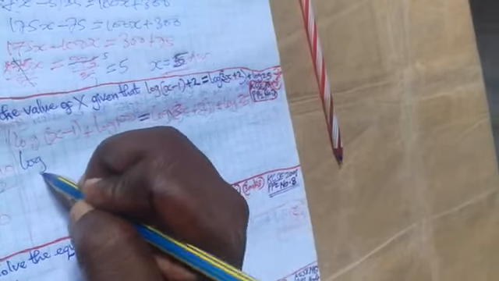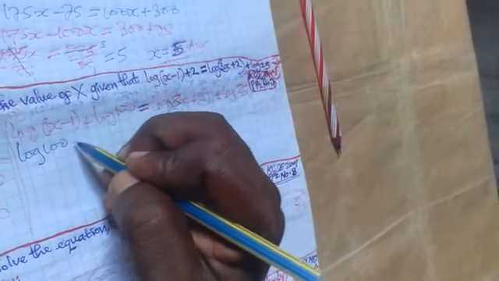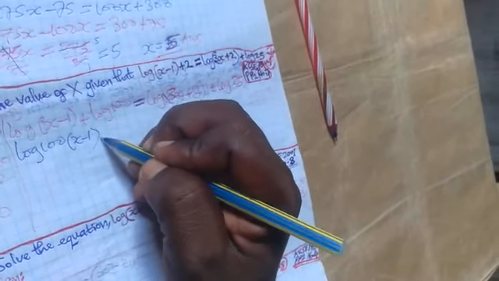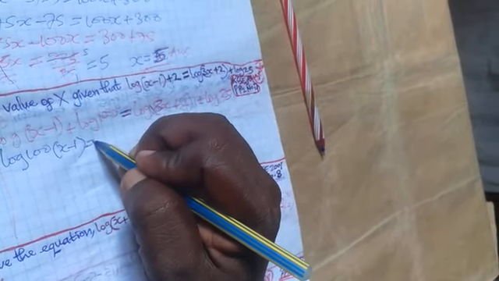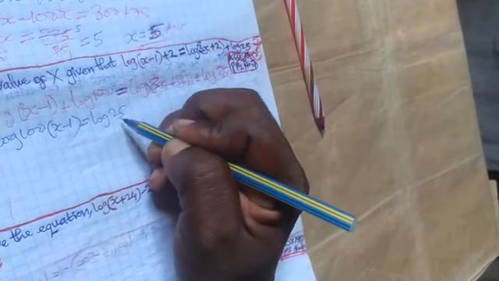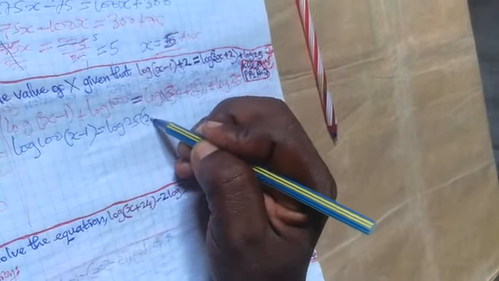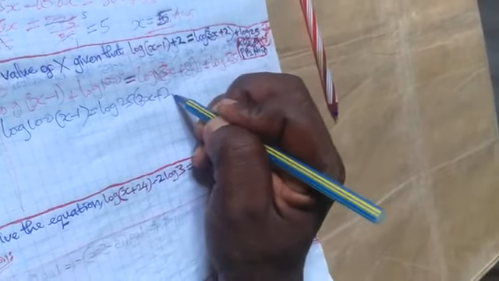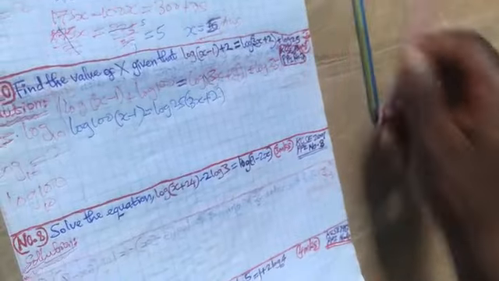Hence, we say log of 100 multiplied by x minus 1 is equal to log of 25 multiplied by 3x plus 2.